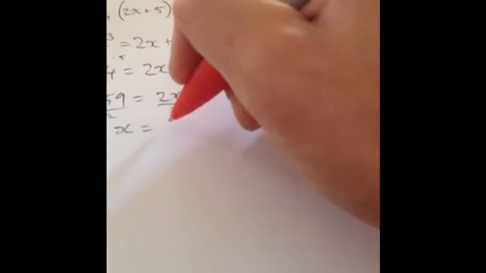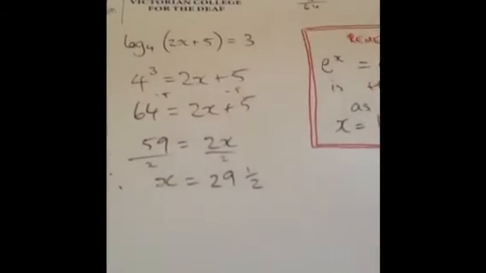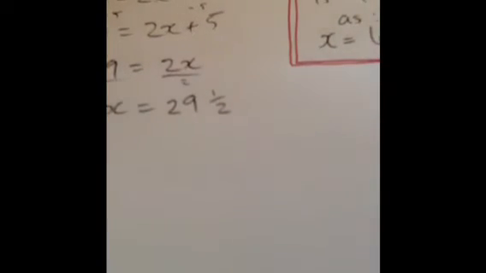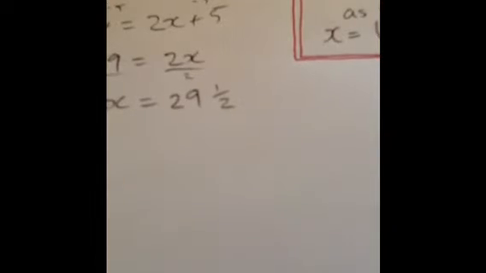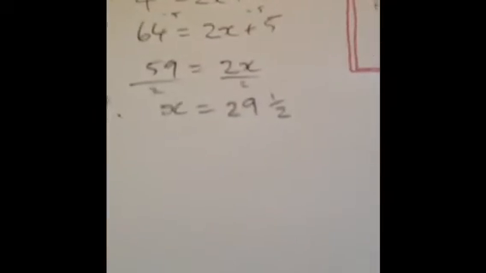So therefore, if we divide both sides by 2, x is equal to, another tricky one, 29.5. Or we could have just left it as 59 on 2, which is what they've got in the book.